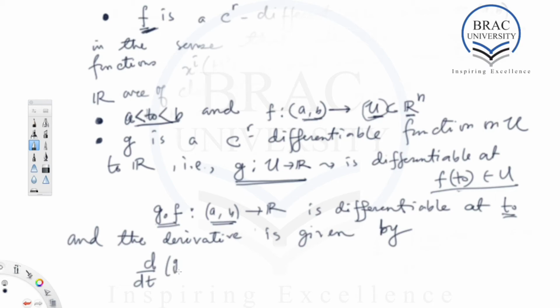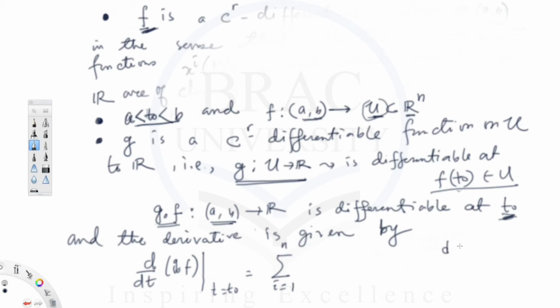Because G composed with f is a function of one variable, it's the total derivative of G composed with f, evaluated at the point t0. Since this function is differentiable at t0, the derivative is given by this sum. First, take the ordinary derivative of the components of f. So what were the components of f?